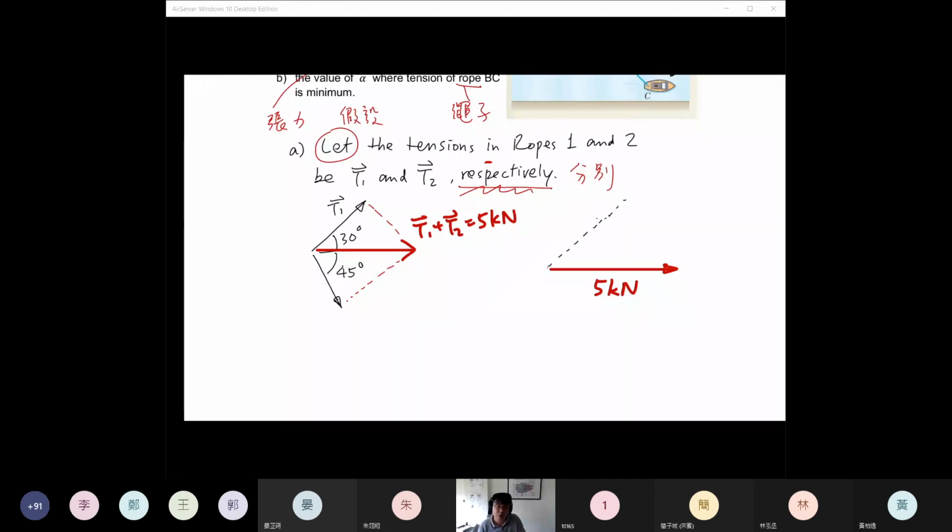We don't know how much T1 is, but we know that it is going towards 30 degrees, right? And then we are drawing something like this. T1 and T2. And for T2, we don't know how much T2 is either. So we draw the direction. We draw a dashed line.